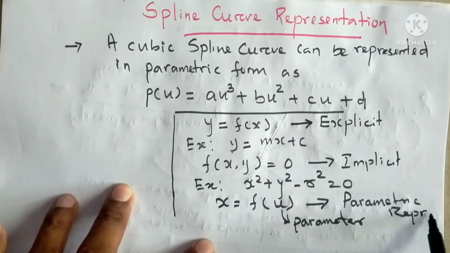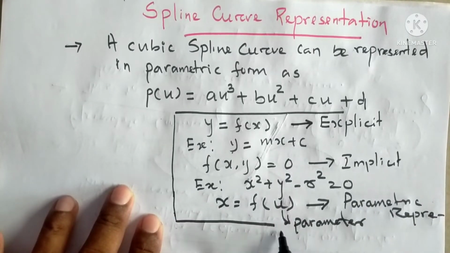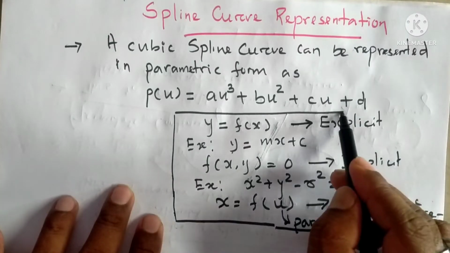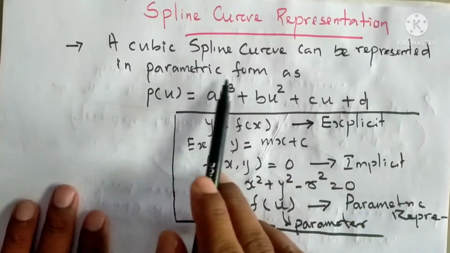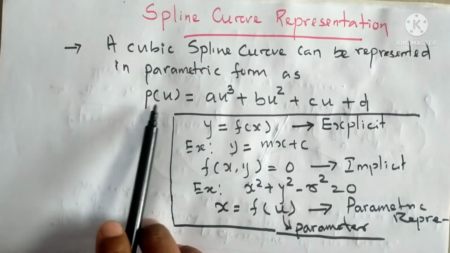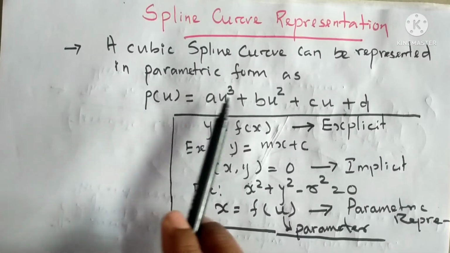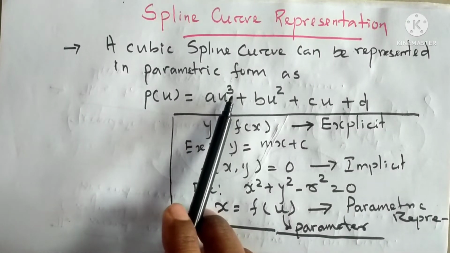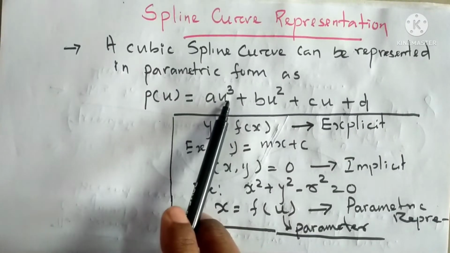So now we came to know the different ways you can represent a curve. In a spline, we are going to use the parametric form to represent the spline curve. Here we are using an extra parameter u to represent the curve, and the degree is 3. That's why this is called the cubic spline curve.